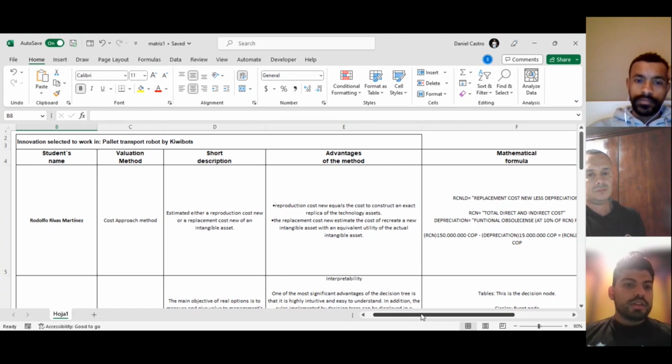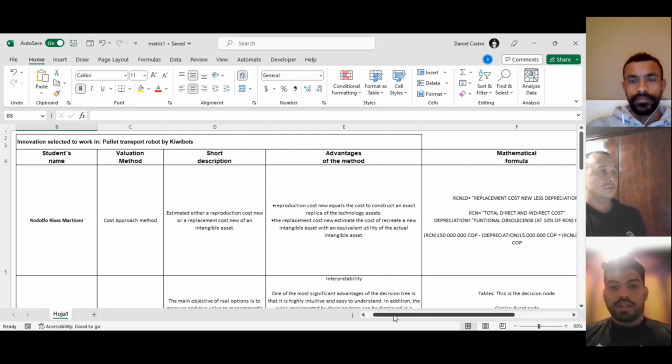The cost approach method is a simple method that allows estimating the final value of the renovation or replacement project, taking depreciation into account. It is important to emphasize that the depreciation taken is based on the direct and indirect costs involved in the investment, which are typically roughly 10% of the cost of the new replacement.